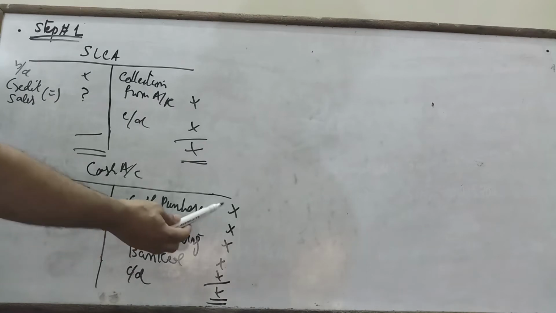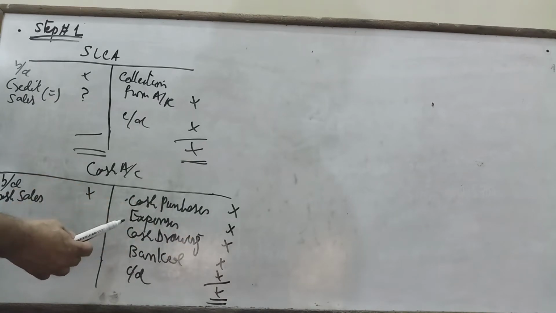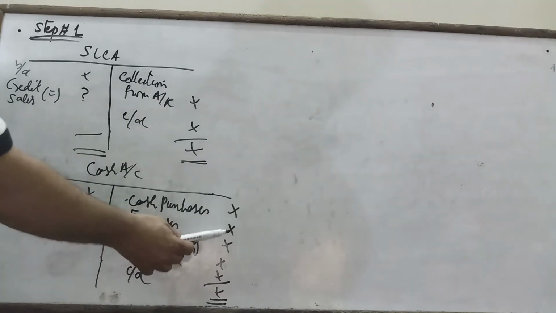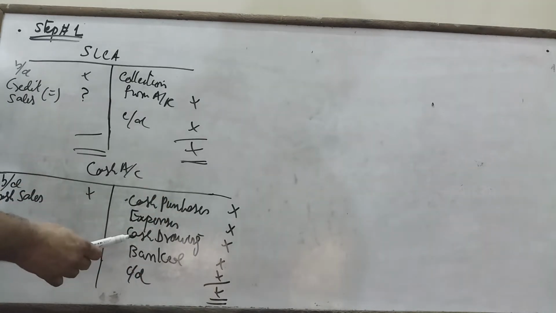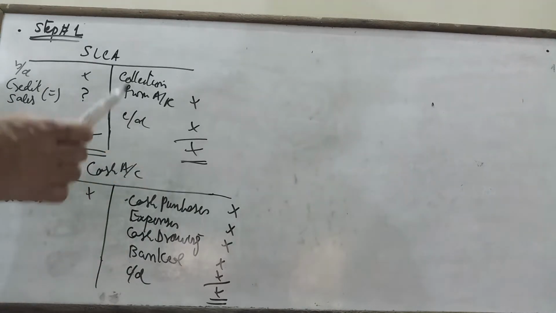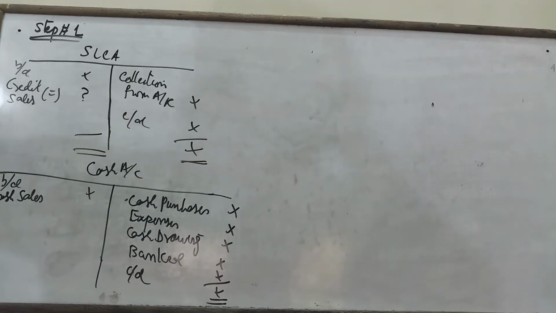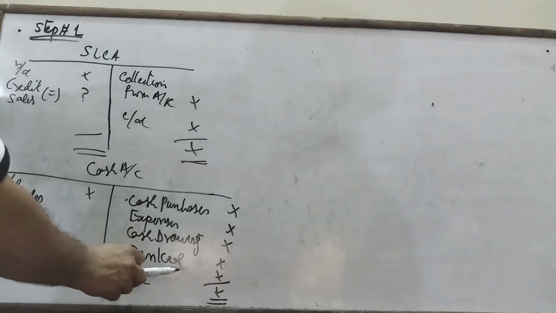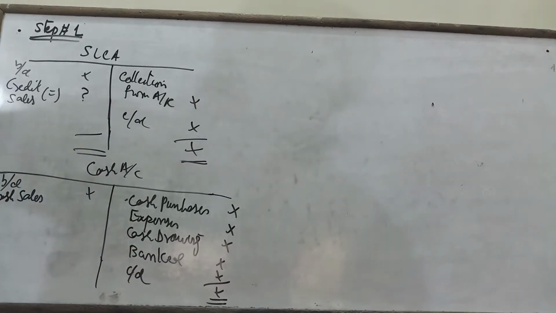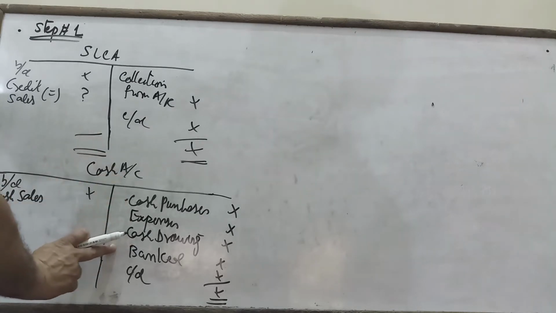Cash purchases, credit side of cash account; cash expenses, credit side of cash account; cash drawings, credit side of cash account; cash banked. Cash banked means cash which has been deposited into the bank account. So this will come on the credit side of the cash account and on the debit side of the bank account. Since we are making a cash account, this will come on the credit side of cash.